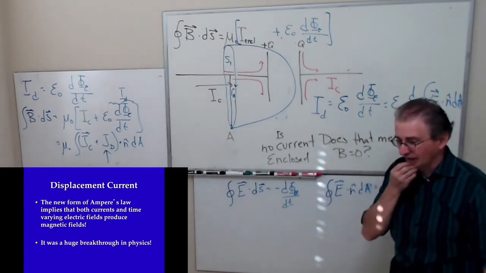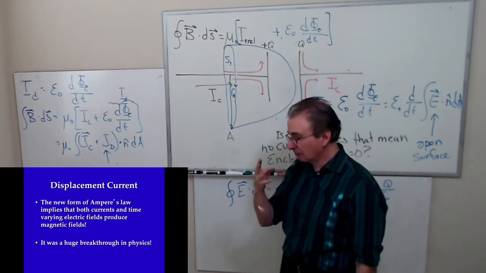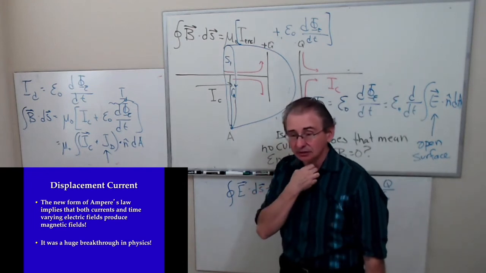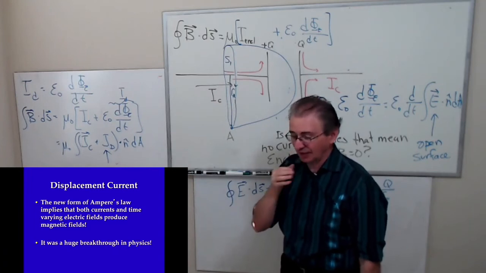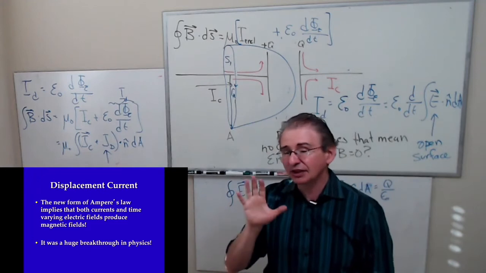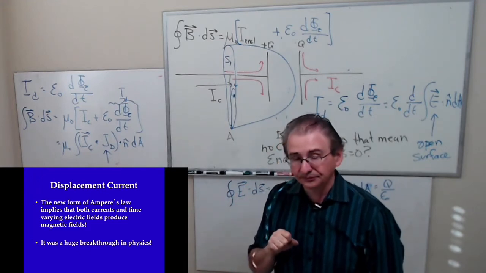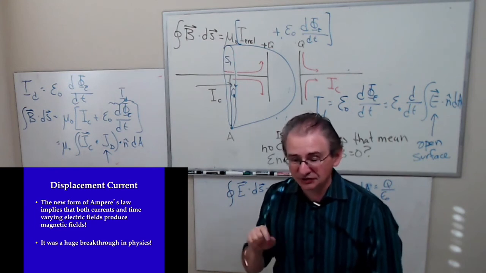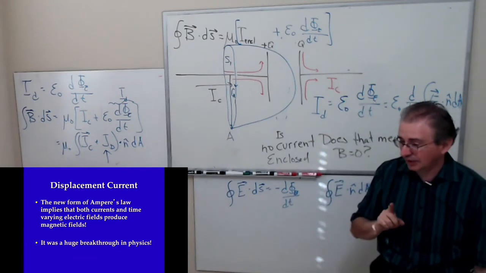And it was a big deal because now you have really four important equations in physics, in E&M, that can describe almost everything that we know in this subject area. And you can take those equations and manipulate them and come up with interesting things. So I'm going to talk about that in a little bit.